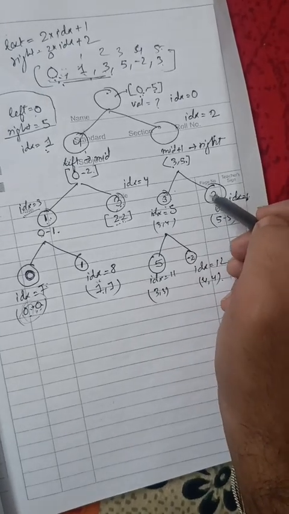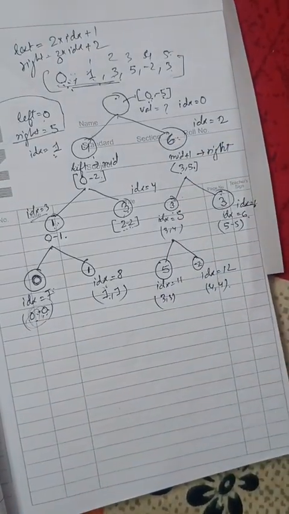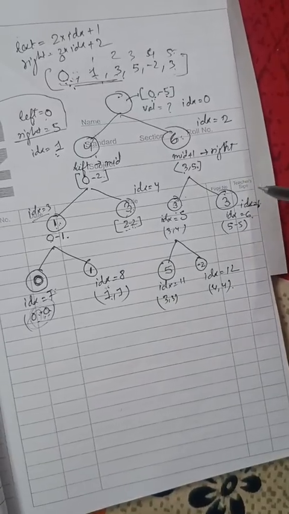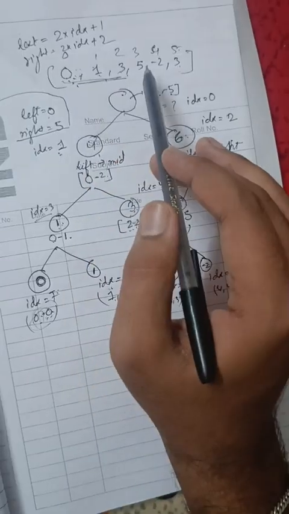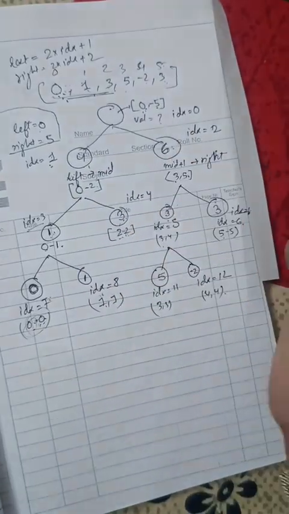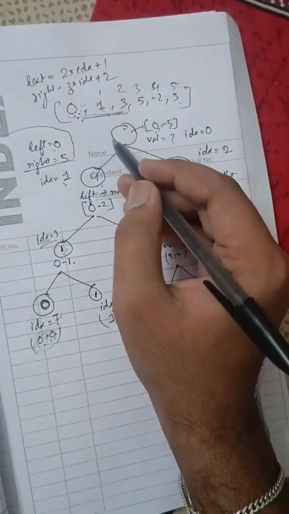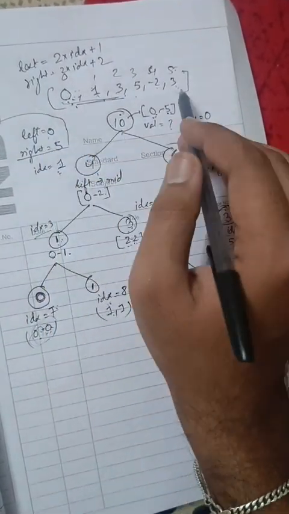Now I will sum it up again, 3 plus 3 is 6, so it will be 6, right? So as you can see, from index 3 to 5 the summation will be 6. From 3 to 5, 5 plus 3 is 8 minus 2 is 6, see, and 6 plus 4 is 10. That means from index 0 to index 5 the summation will be 10.